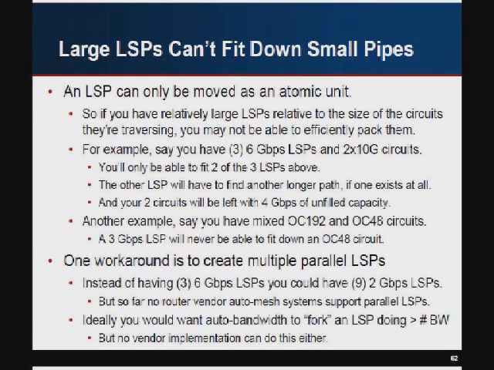And at the same time, you're going to be left with these two circuits that are only using 60% of their bandwidth. One workaround is, if the two paths are going to the same place, you can bundle them into a link aggregate. So you now have a 20 gig circuit, and all three of those LSPs would fit over that link. The downside is if those two circuits have different performance characteristics, say one has 10 milliseconds higher latency than the other because it's a diverse fiber path, you're not going to have any visibility into that.